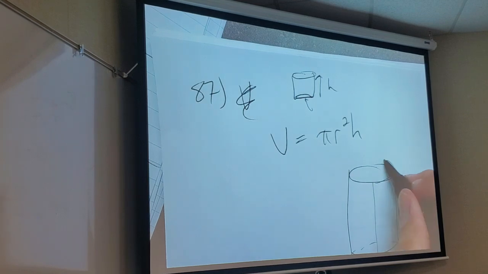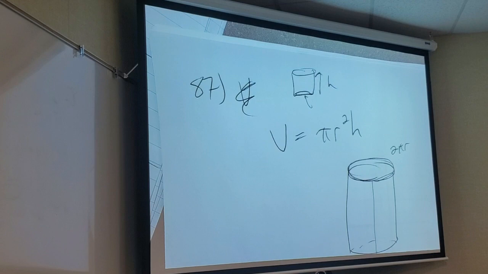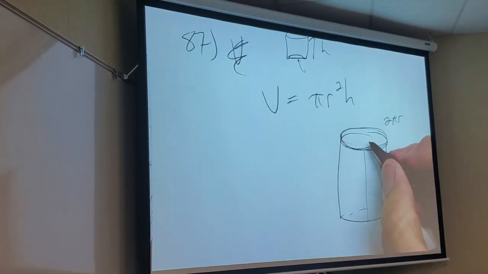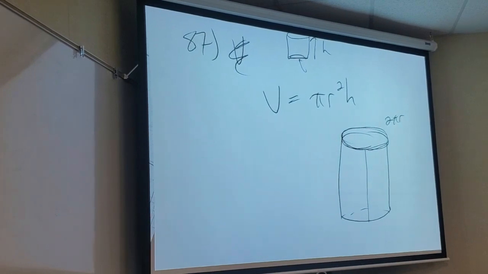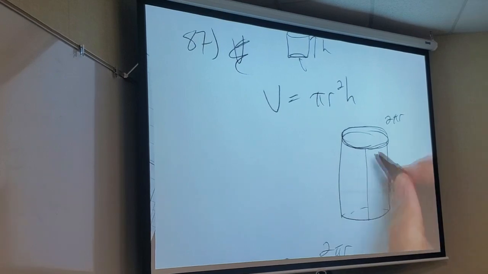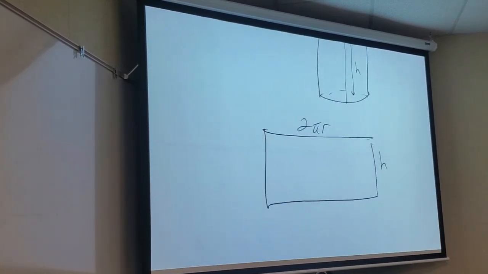Do you see how this is 2 pi r? The circumference around is 2 pi r. Remember, circumference of a circle is 2 pi r. If I open it up, that's going to be the top, isn't it? And then what's this? That's the height.